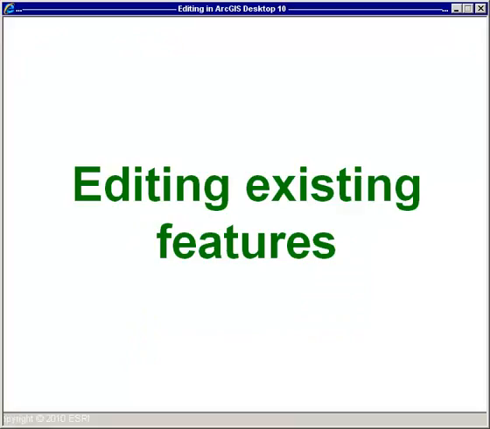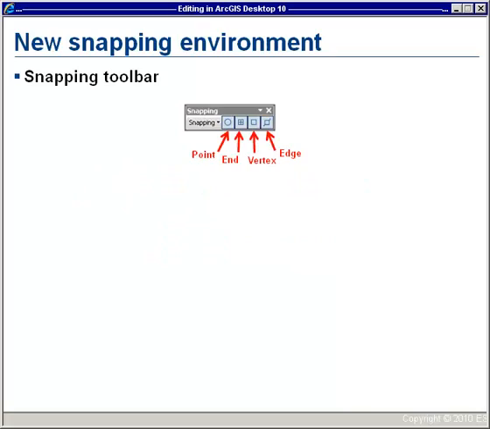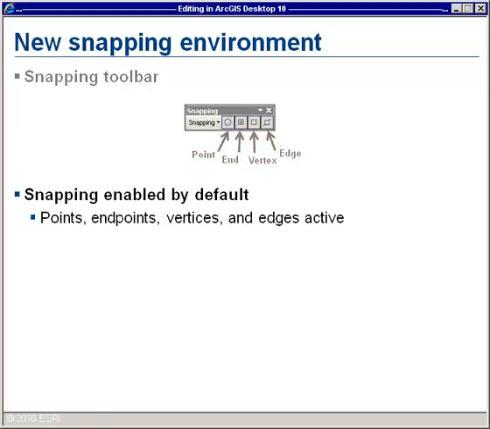So let's move on to our second topic for today, which is editing existing features. Remember earlier on we talked about the new snapping environment and the new snapping toolbar. All the settings that you need with snapping are now located on this snapping toolbar. And you see we have the different types of snapping available here.